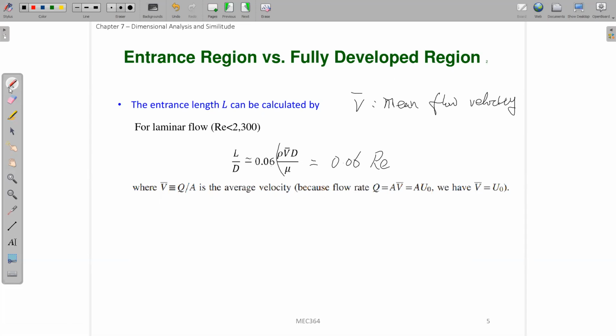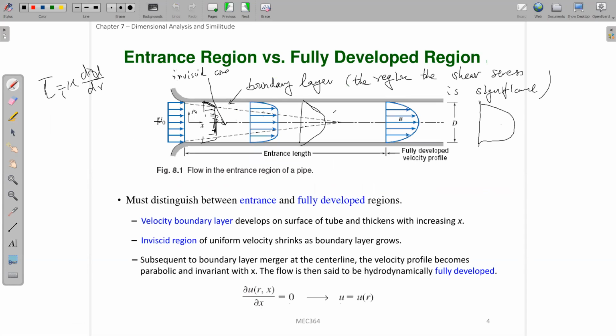And how do we calculate this mean flow velocity? You can calculate it from the mass flow rate or volume flow rate. So V bar is equal to Q, the volume flow rate, divided by the cross-sectional area. If you have U0 at the inlet, you can also calculate the volume flow rate here.